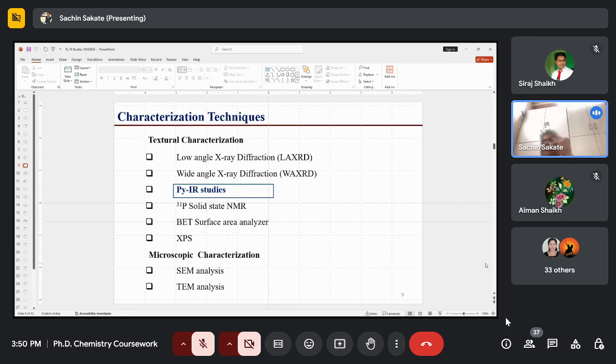If your material contains phosphorus, as in our example of phosphotungstic acid, 31P solid state NMR, which generally we hesitate to do, can give a very solid proof. I have already done this and reported it in the New Journal of Chemistry.